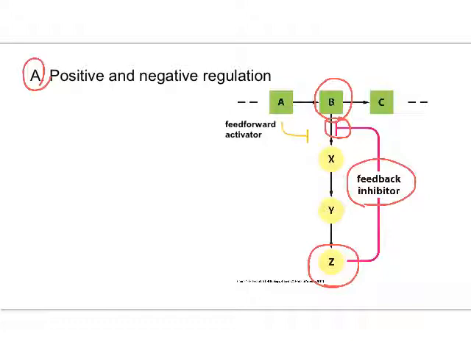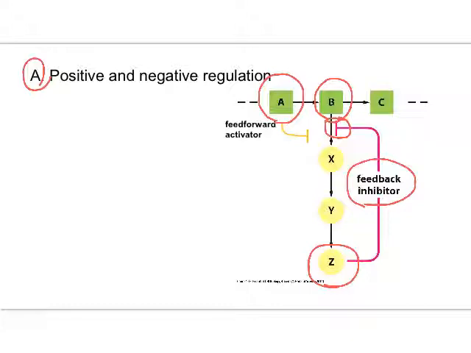But you can also have positive regulation, and that's shown in this figure as well. If there's a lot of this reactant A around, it can regulate the flow through the pathway as well.